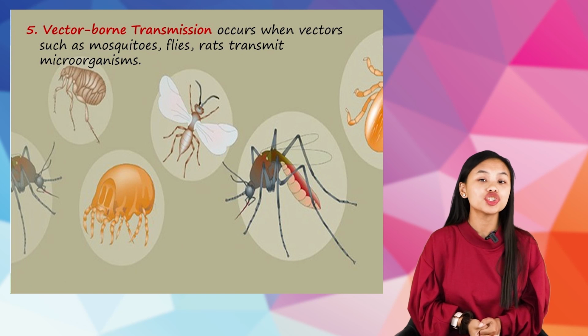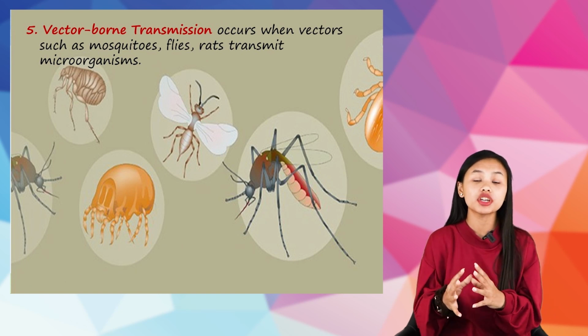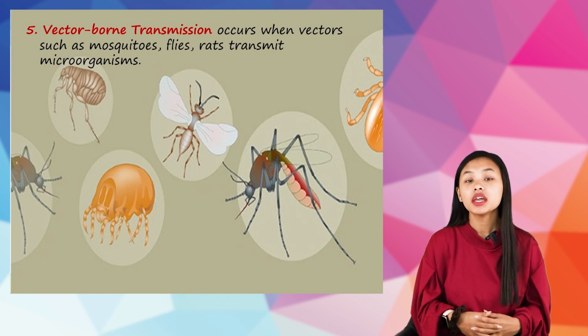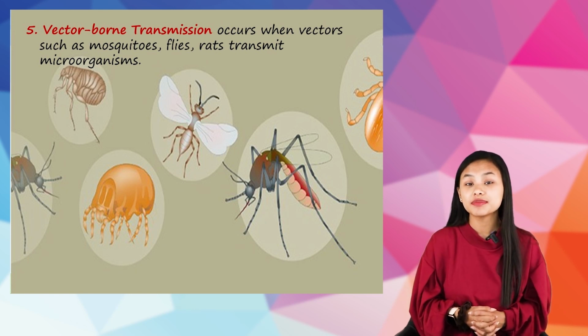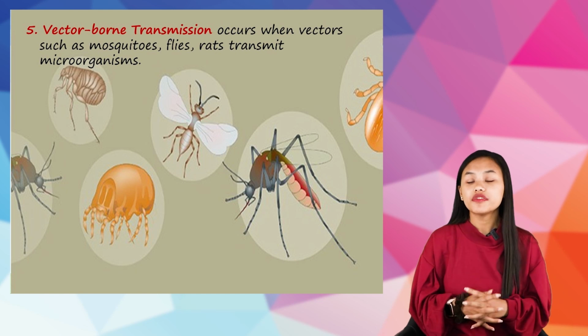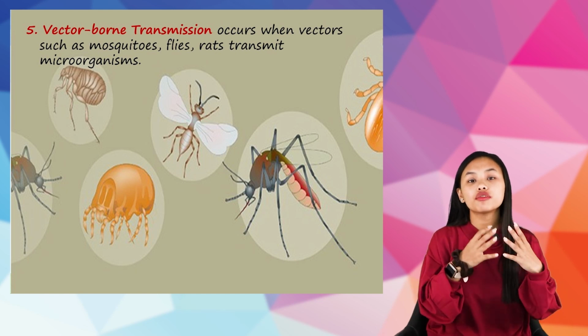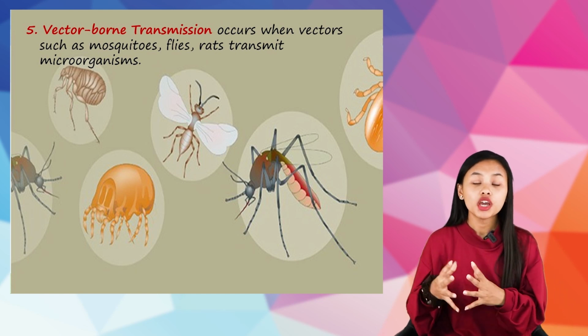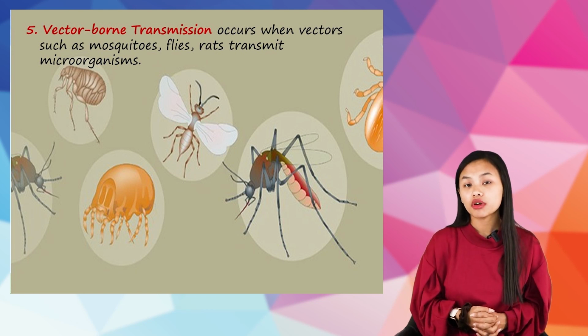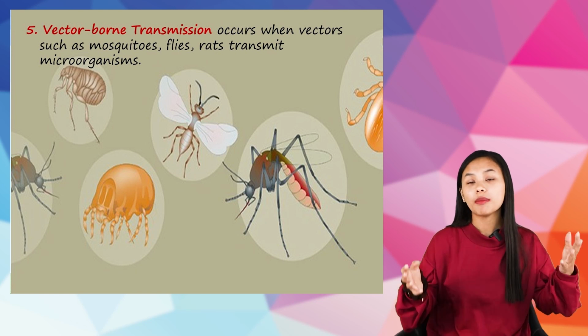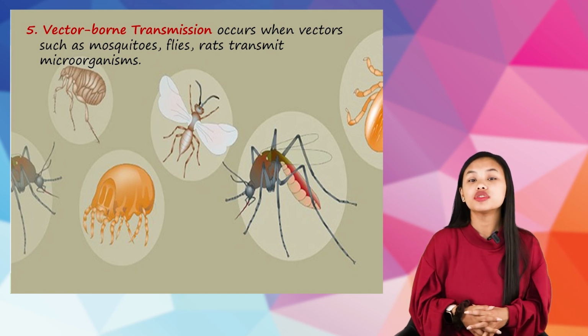And the last one, vector-borne transmission, is the process whereby these pathogens will be transmitted to the host through vectors such as mosquitoes, flies, rats, etc. So these are the 5 routes through which these microorganisms can be transmitted from an infected person to the host.